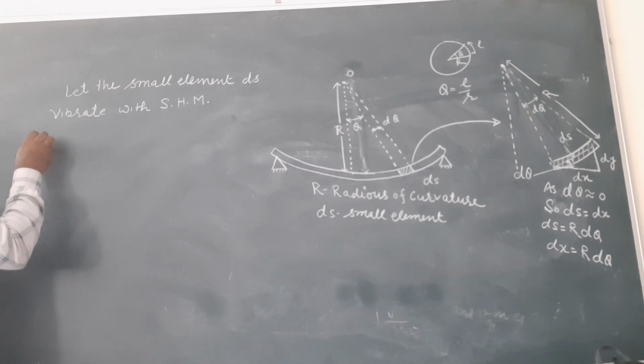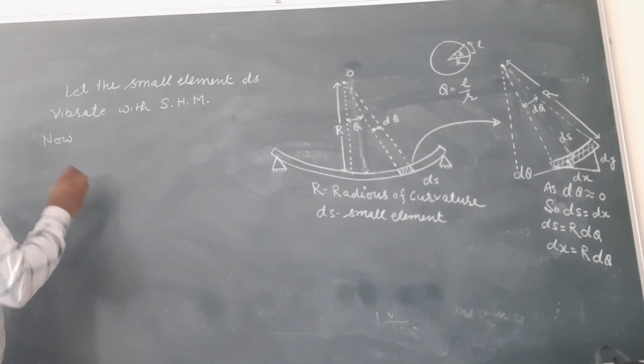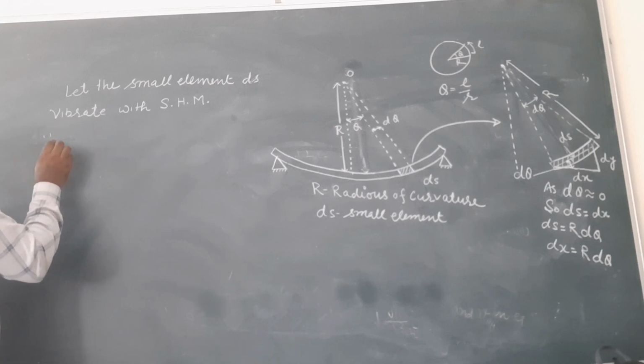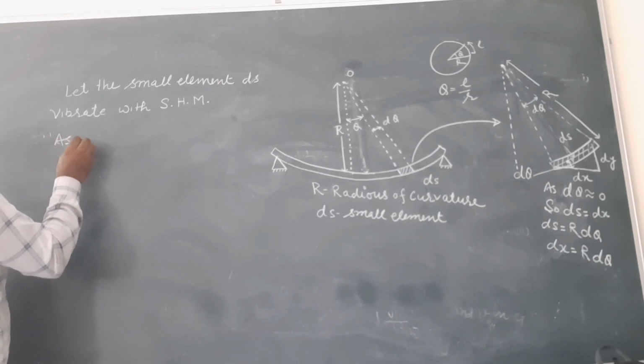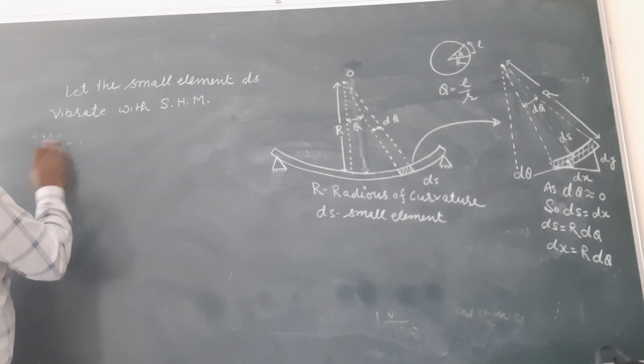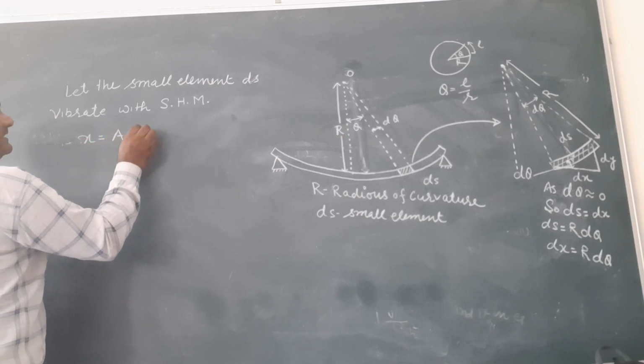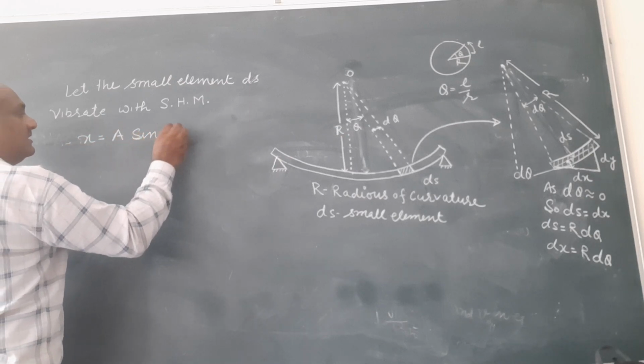Now, with simple harmonic motion, x is equal to A sin omega t.